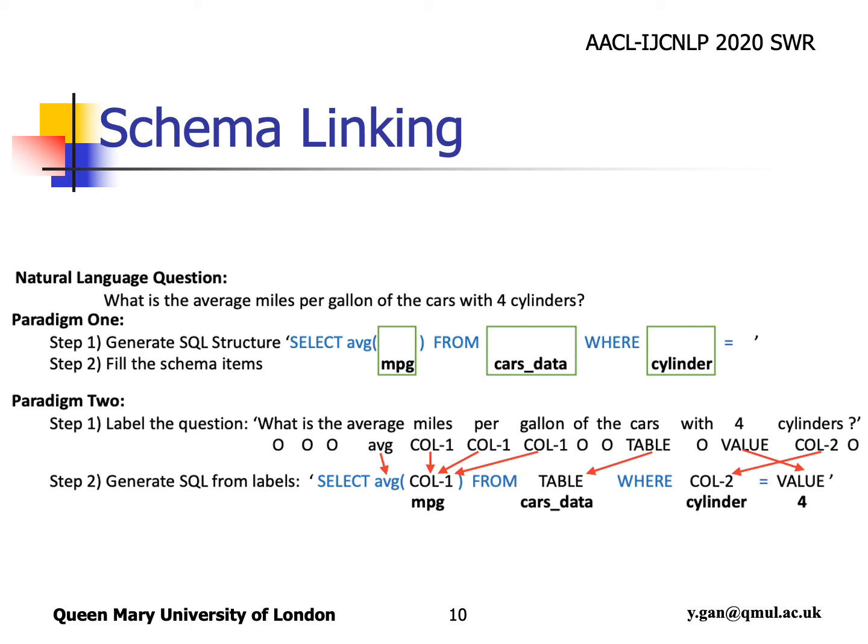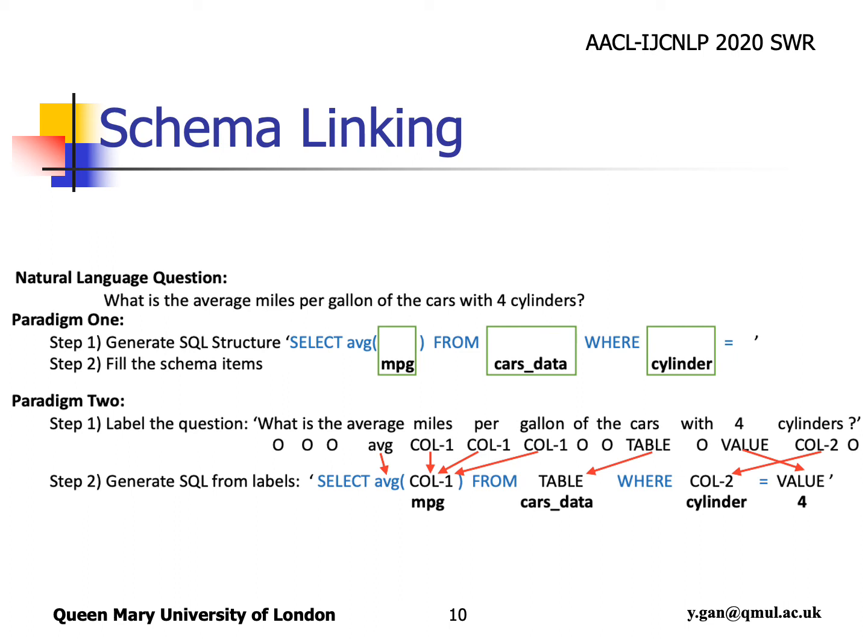Schema Linking also helps generate the COL and table labels in paradigm 2, so the accuracy of Schema Linking determines whether we could choose the correct schema item from the database. There are several methods to construct the schema linking. You can find details from our paper and the references.